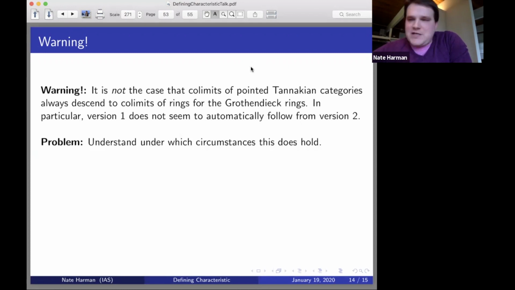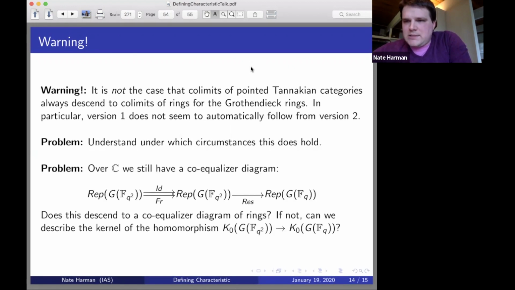And then a sub-problem of this that I think is interesting, and might be interesting to people here, is that a lot of this still works in characteristic 0. So now I don't go all the way up to the algebraic group G, but if I go up just to the F_{q^2} points, I have a Frobenius twist from G(F_{q^2}) to G(F_{q^2}).